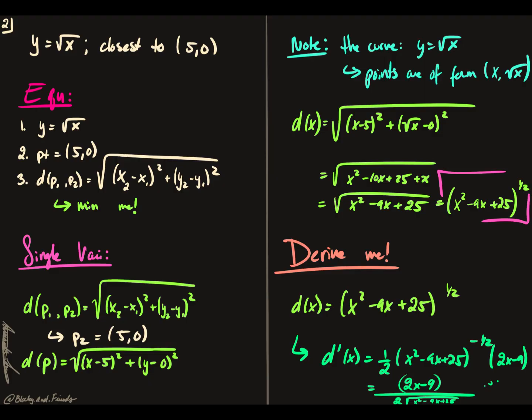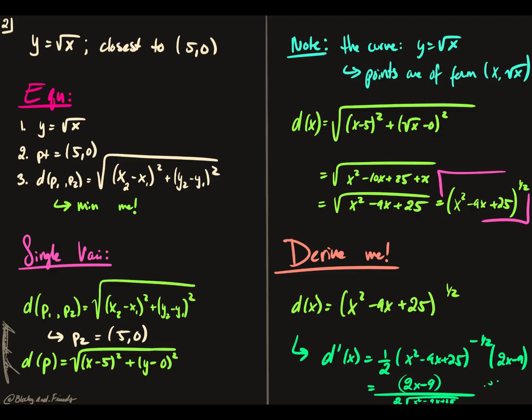Derivative of the distance is going to be 1/2 times x squared minus 9x plus 25 to the negative 1/2, times the derivative of the inside, which is 2x minus 9, and that's kind of ugly, so you can actually write that as 2x minus 9 on top, all over 2 square root of x squared minus 9x plus 25. Okay, easy peasy, right?